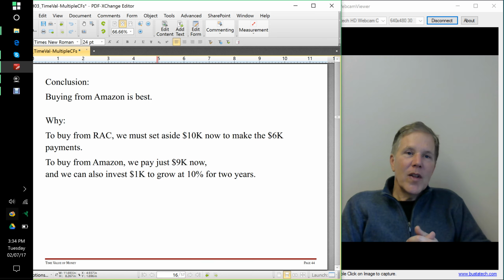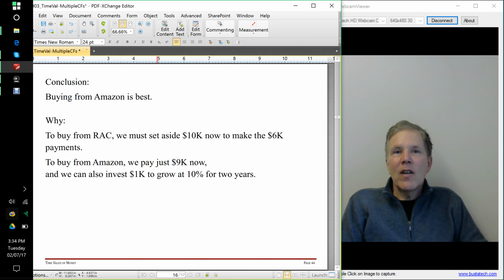Well, if we go with the Amazon deal, we pay 9,000 right now, and then we're done. If we go with the rack deal, we present value those. We're saying what's the equivalent value of both of those tranches evaluated now at t equal to 0, or how much do I have to put aside now at t equals 0 in my 10% guaranteed account to get my 6,000 in a year and another 6,000 in 2 years?